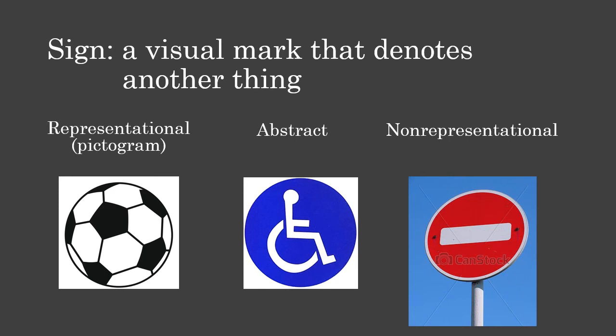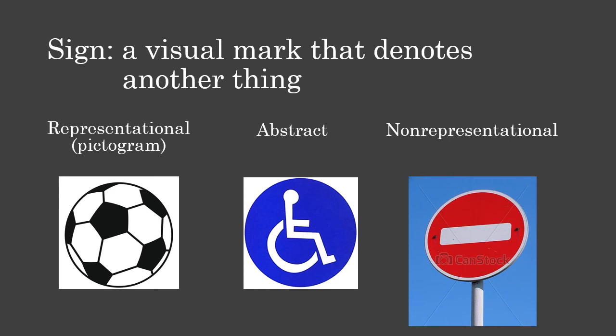And most often, signs are depicted in such a way that the viewer can understand what the sign is trying to tell them quickly and immediately, which is also why most signs are representational or abstract.